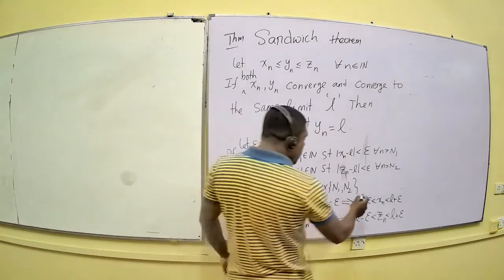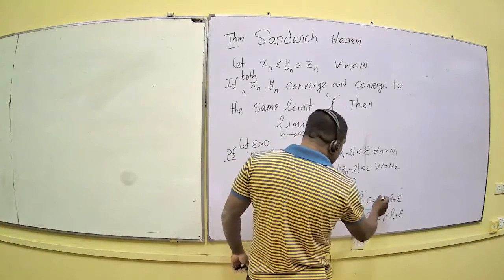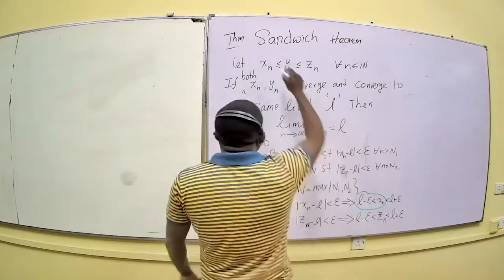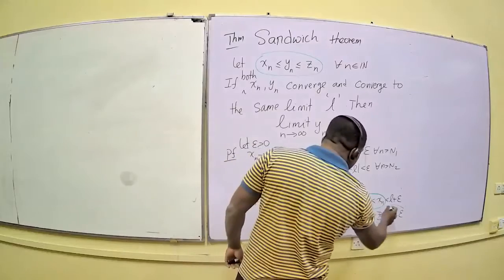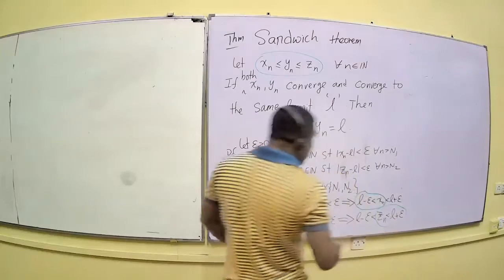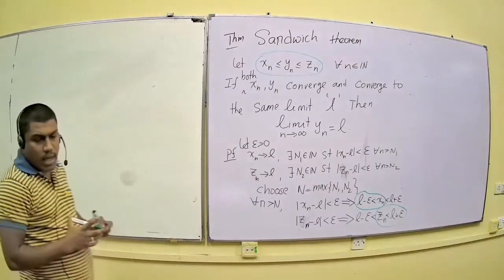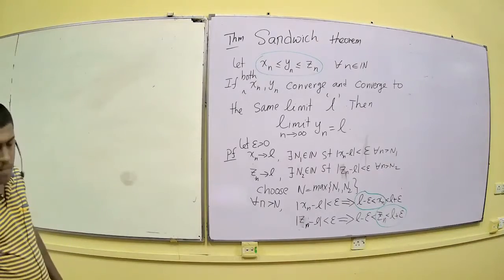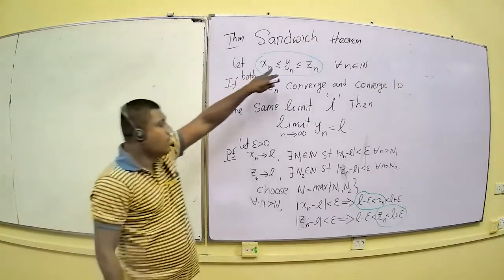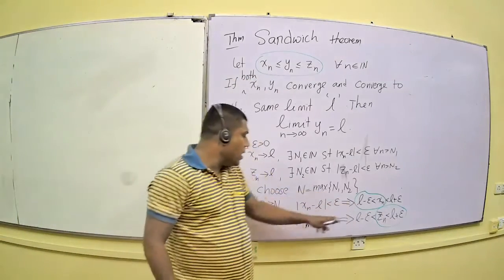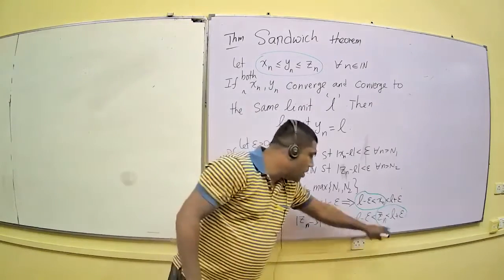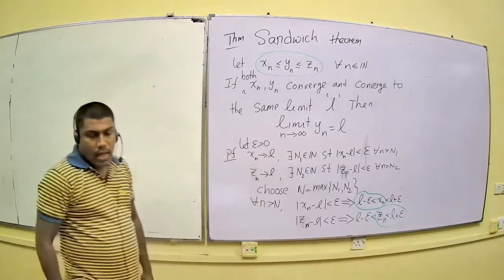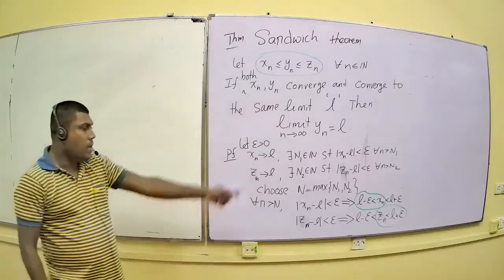I'm going to take this piece, and then this piece, and then this piece. I'm going to use the three pieces I circled with the green pen. This is given, this is from the convergence of xn, and this is from the convergence of zn. So I can combine both of them.